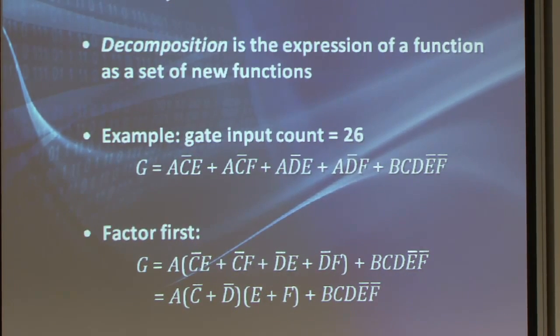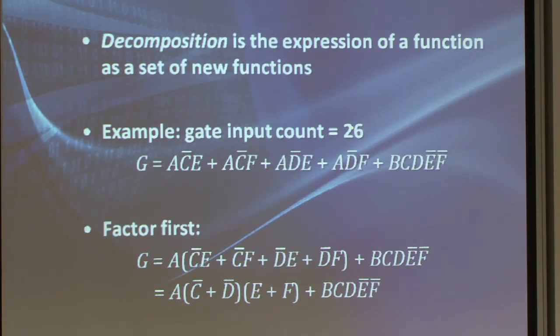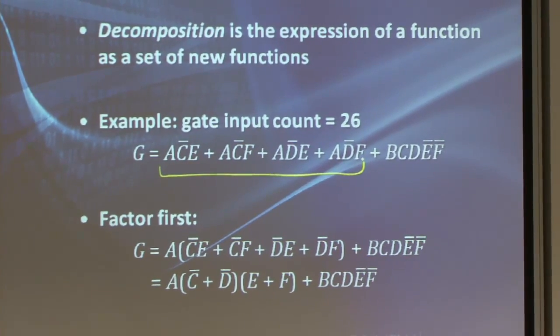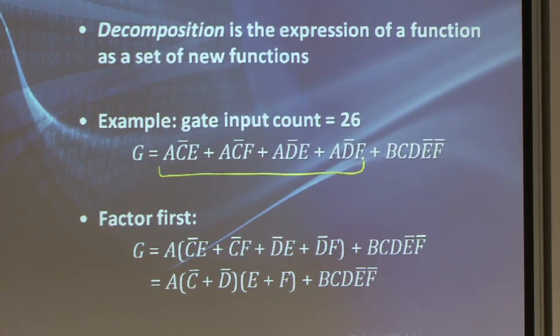So again, let's take some really complex function that has a gate input cost of 26, and it's left as an exercise to actually calculate the 26. We start off with what we've done before. We factor the expression. You go from this expression here, which has a common variable a. So we take the a out and are left with this plus the last term there.